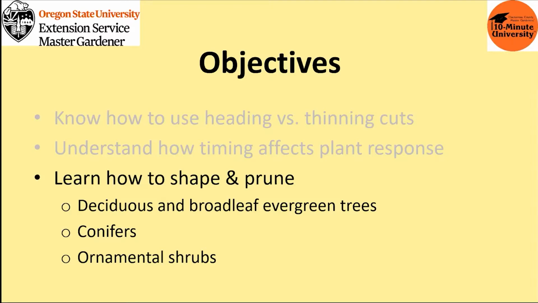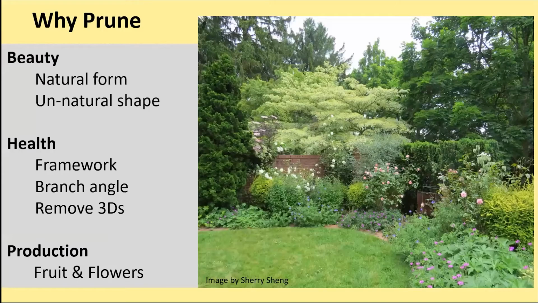So let's move on to look at how to shape and prune 3 groups of plants. But I think in general, it's important for gardeners to remember, before we get into cutting, removing any parts of a tree or a shrub, we should have a very clear reason for why we're doing this.